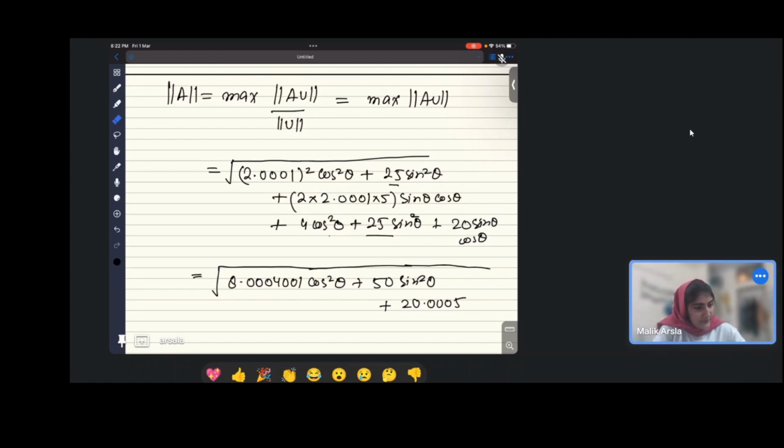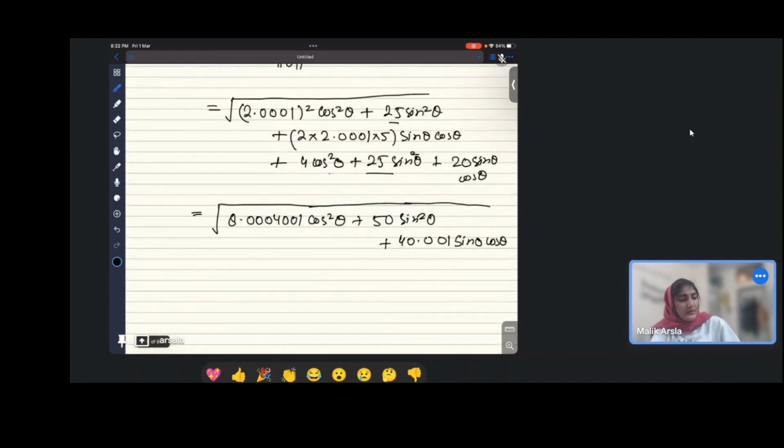Now look here, cos square theta can be written as 1 plus cos 2 theta divided by 2, right?